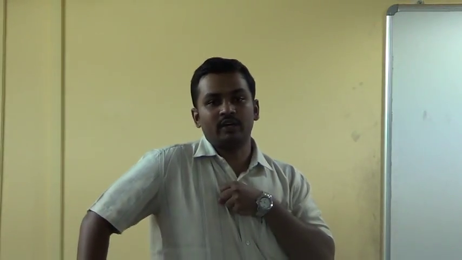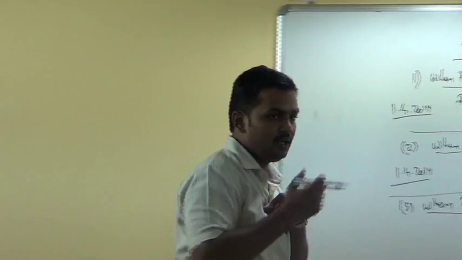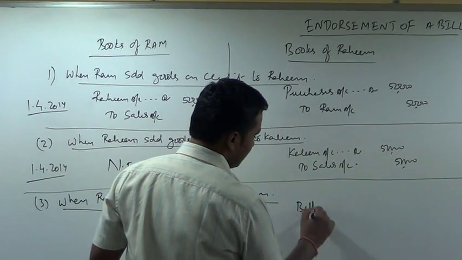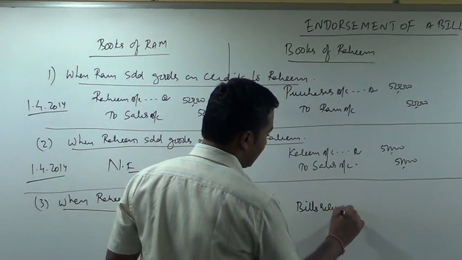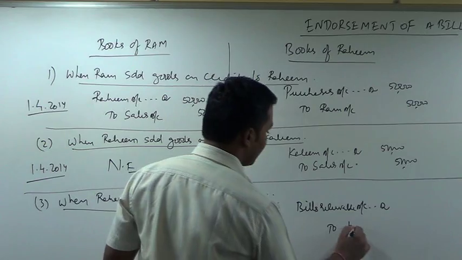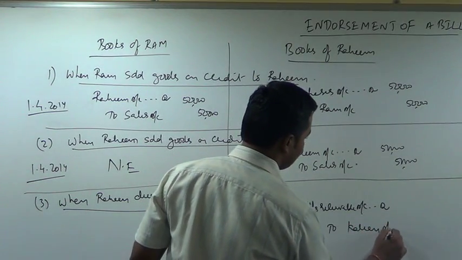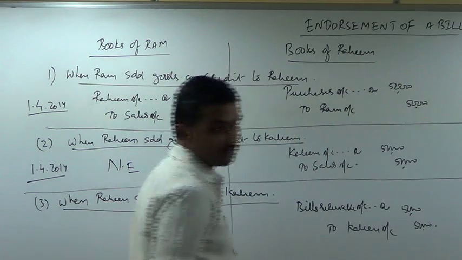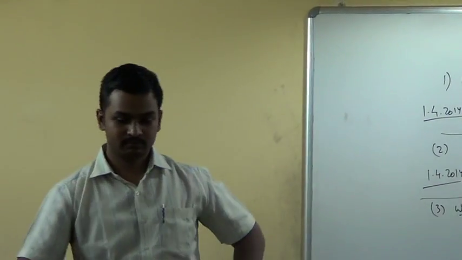Now what is happening? Rahim is receiving a bill from Karim. What is the entry in the books of Rahim? He is receiving a bill. Bills receivable account debtor to Karim account.